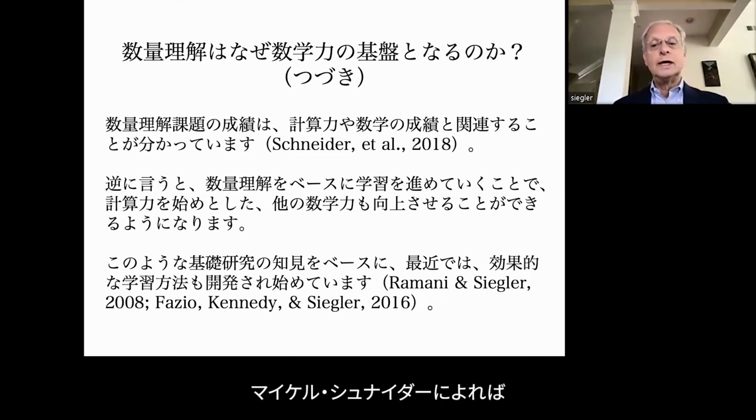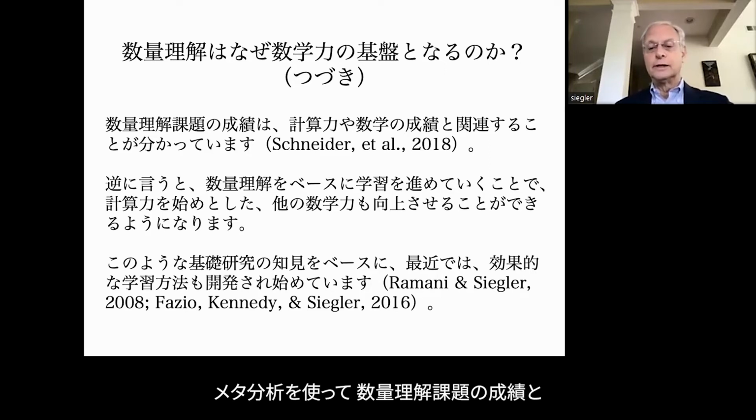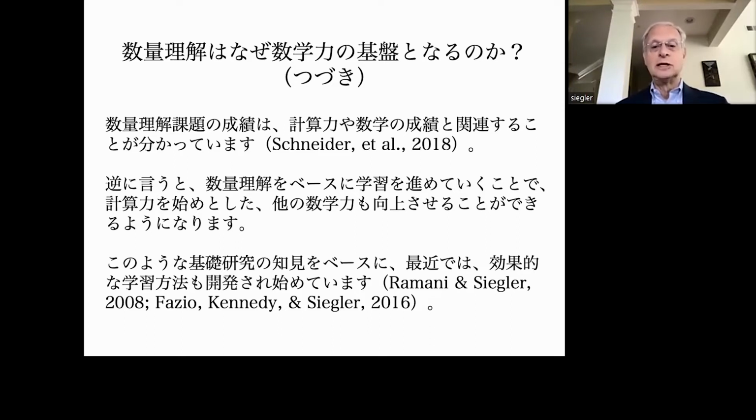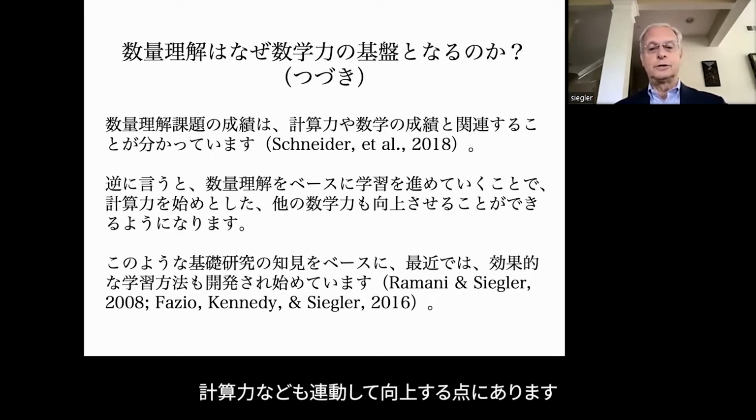Michael Schneider did a pair of meta-analyses of two related literatures, one number line estimation, one magnitude comparison, and found in both cases consistent relations between how good people were in discriminating magnitudes and how good they were overall in math.